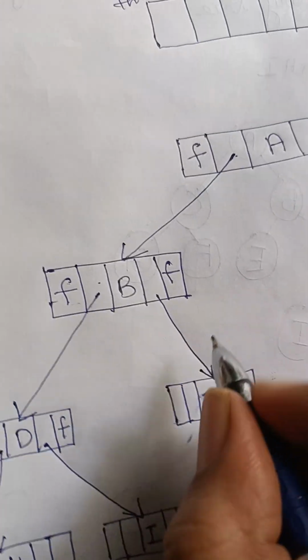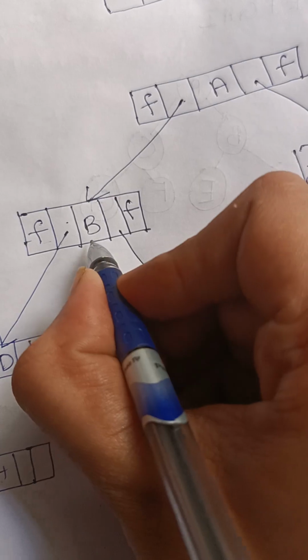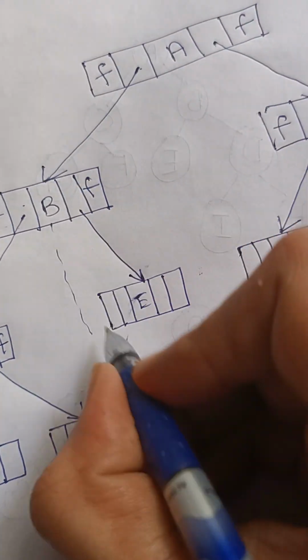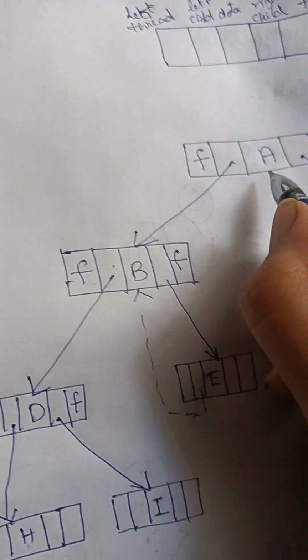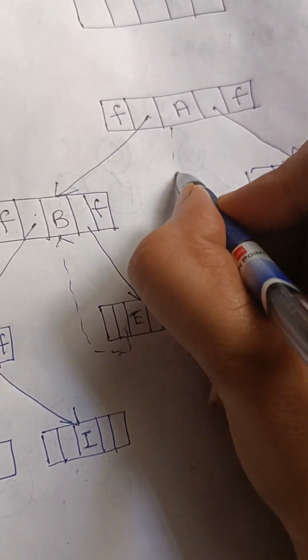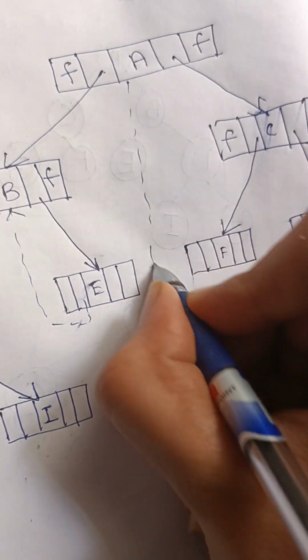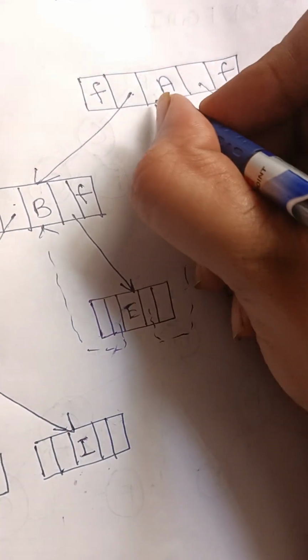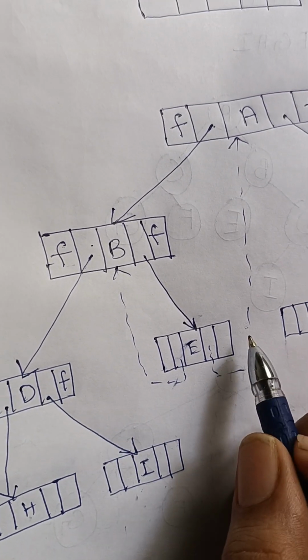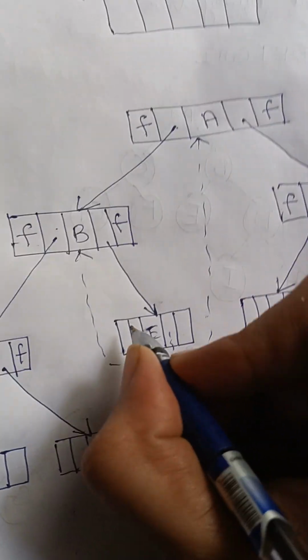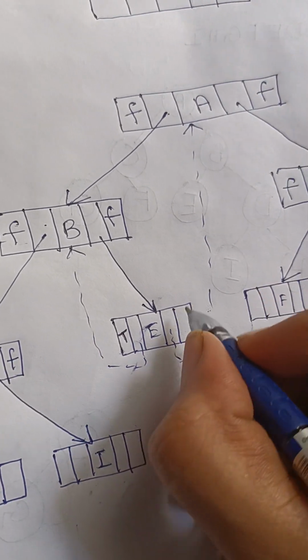What is that? It will point to B, and then it will point to the successor, your A. Okay. As we have both our left and right thread, here we should mark it as true. Okay, it is true.